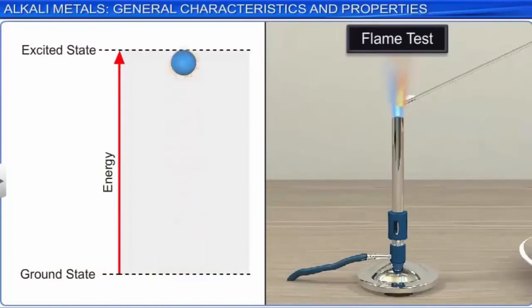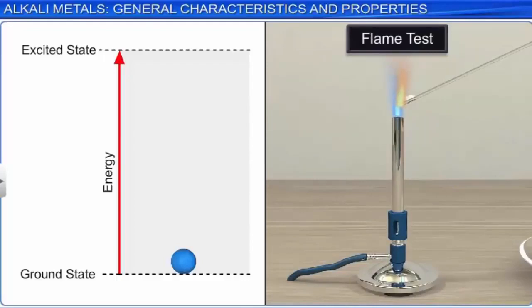The metallic salt in the ground state has some amount of energy. When it is heated, the electrons are excited from the ground state to a higher energy level, the excited state, and it absorbs visible light in a specific region so that they impart color to the flame.